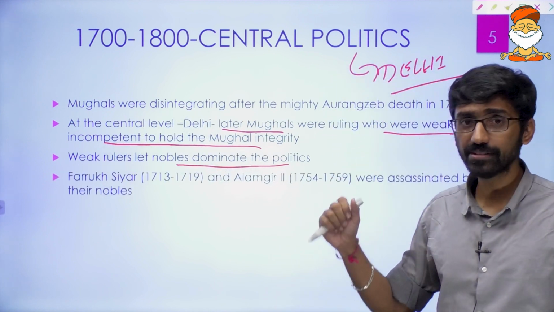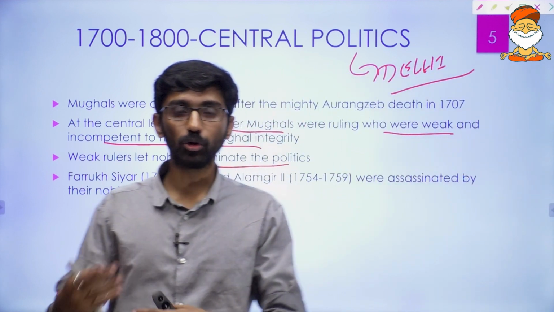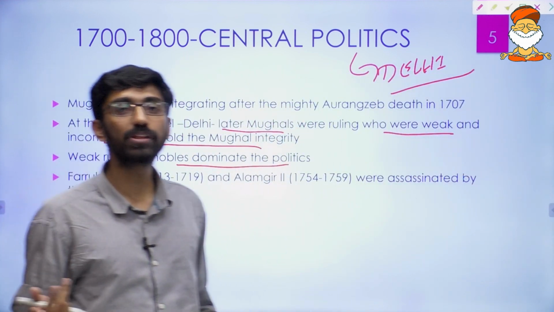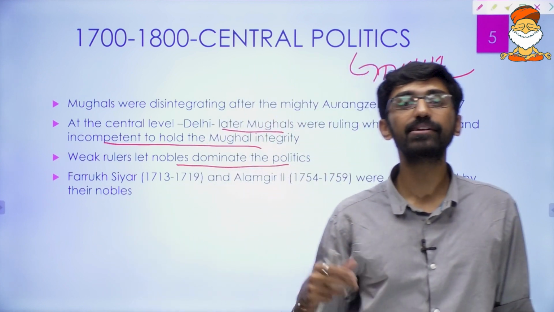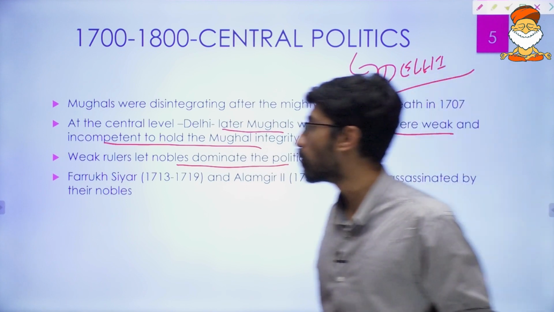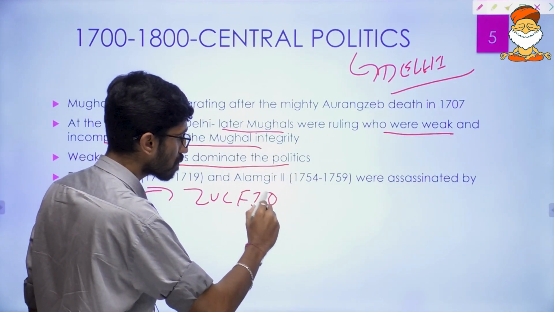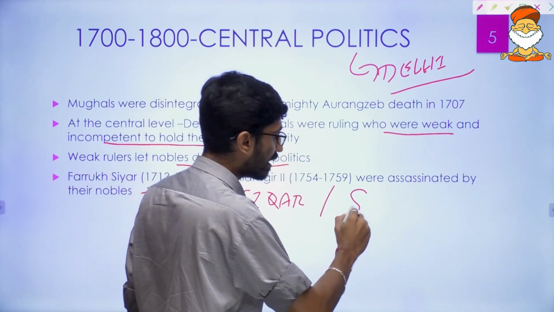For example, when you let these nobles dominate the political system, two of the Mughal rulers got assassinated by their own nobles. Some of the powerful nobles of that time, you must have heard the names like Zulfikar Khan and then the Sayyid brothers.